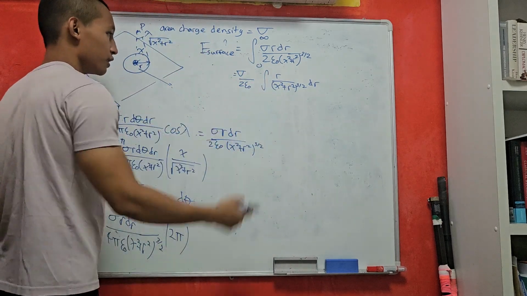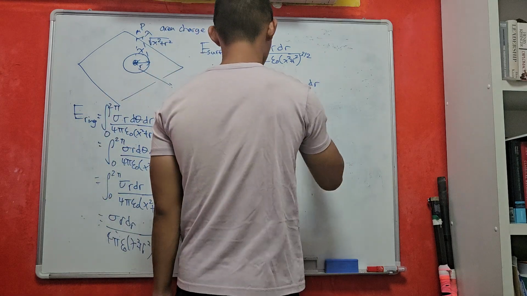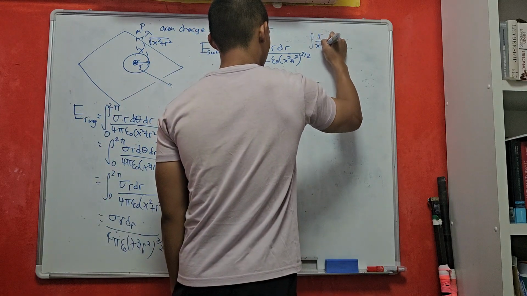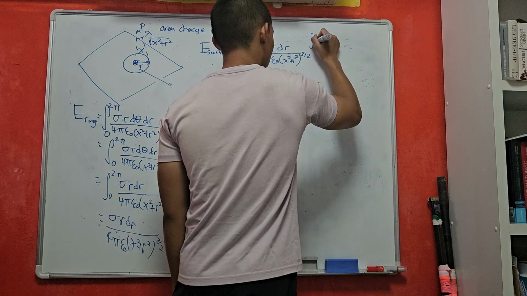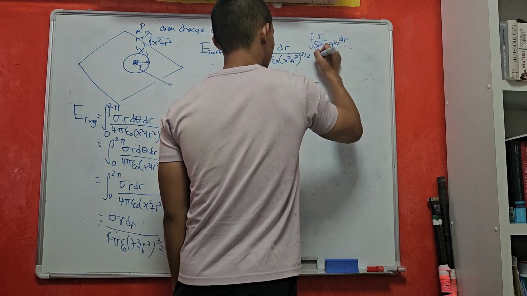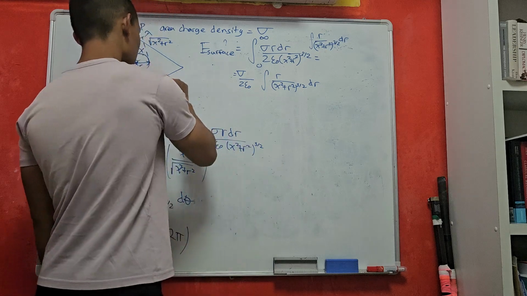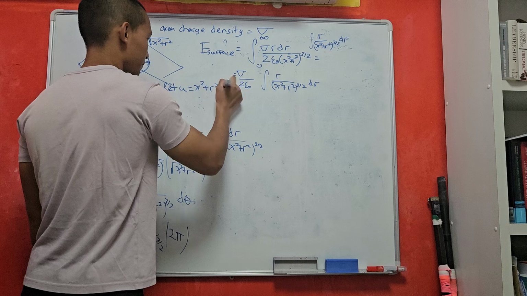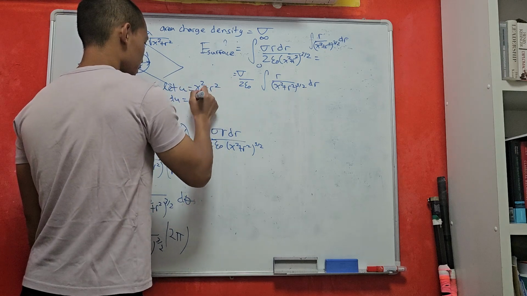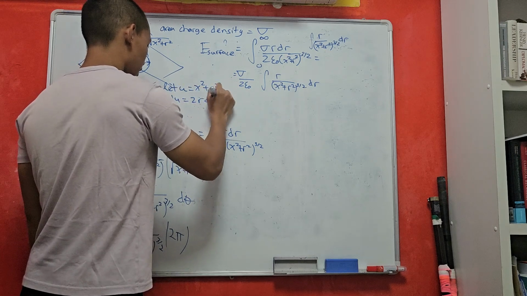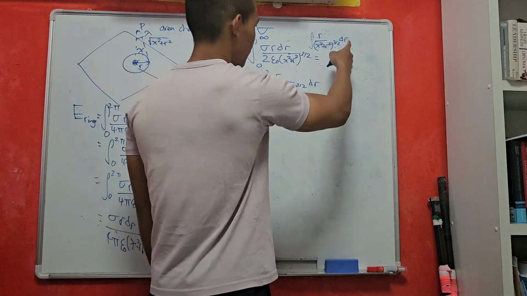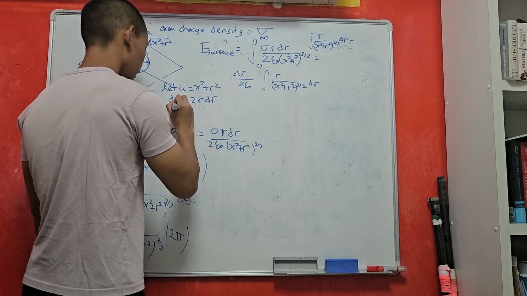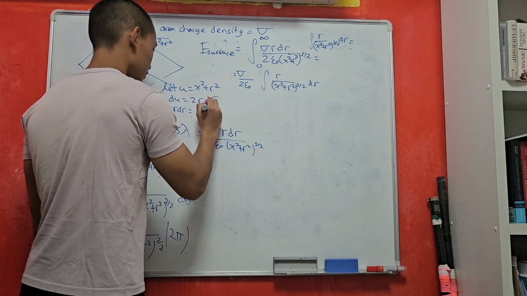So how are we going to solve this? Let's just write it down separately here. So r over x squared plus r squared to the 3 over 2 dr is equal to, so let u equal x squared plus r squared. So du is then equal to 2r dr. And if we take a look at this, we have r dr, so r dr is equal to du over 2.